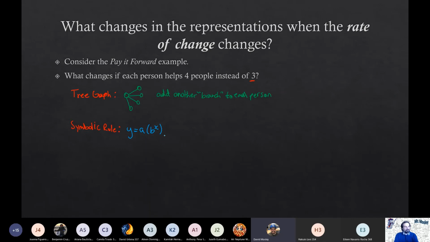A or B? Yes, Jocelyn, B changes, right? B is representing our rate of change. So this changes from 3 to 4, right?